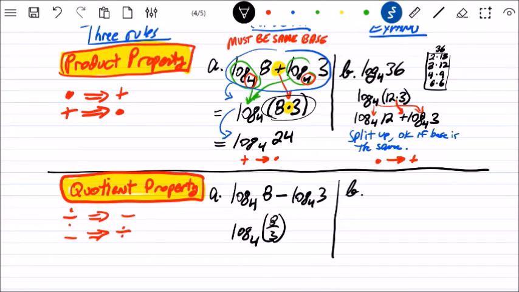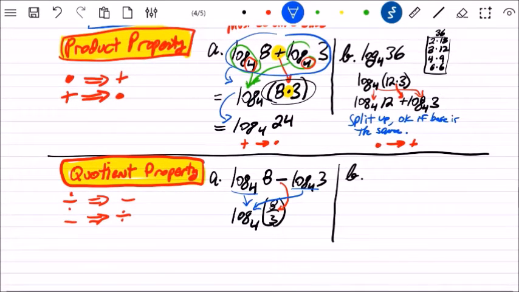The subtraction becomes the division, and the two logs condense together. The 8 over 3, if it wasn't going to come to a decimal, I would simplify it, but this one I really shouldn't. We just need to leave it like that. That's done, just like this one's the answer for that.